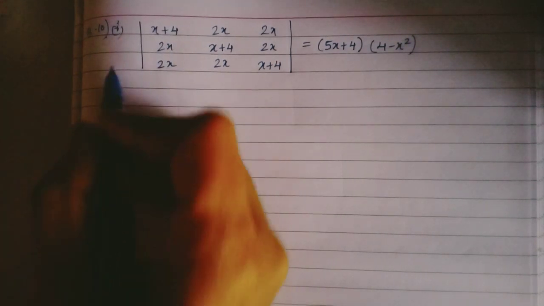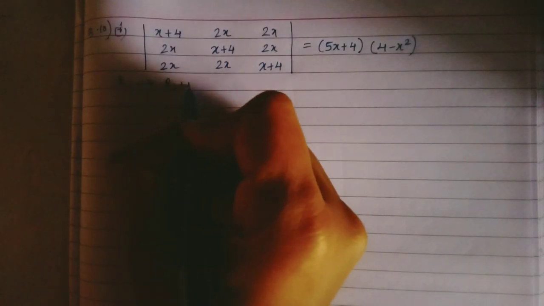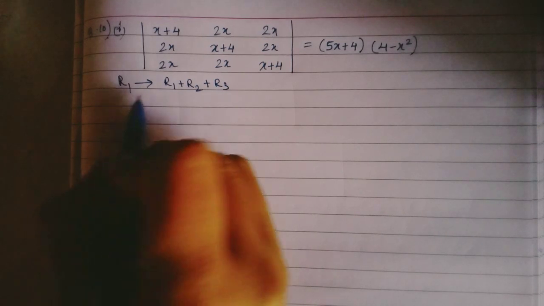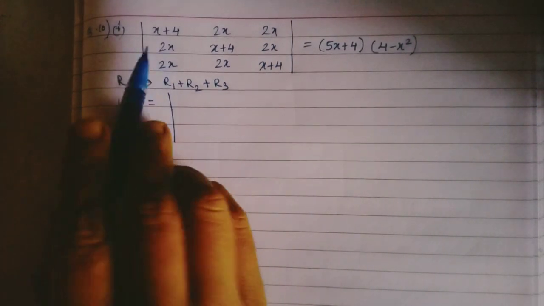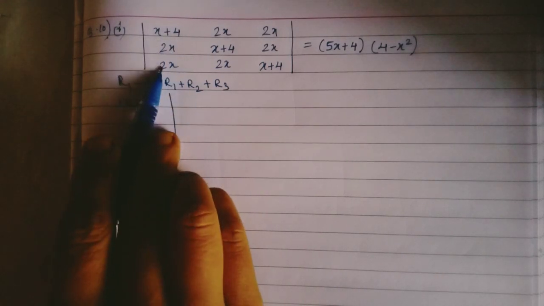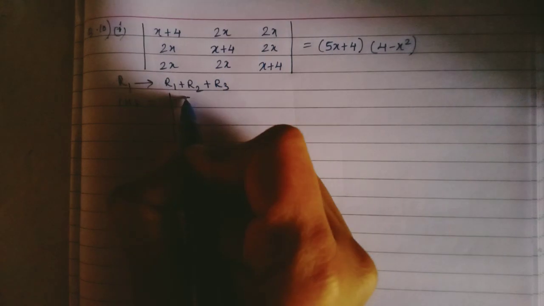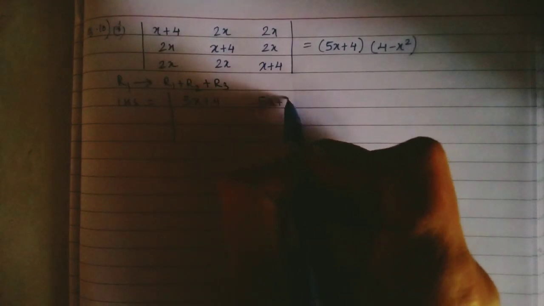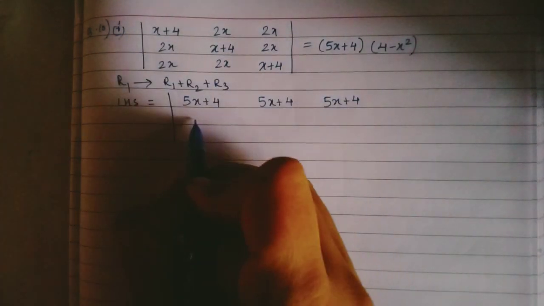So adding all three rows, okay, R1 changing to R1 plus R2 plus R3, you will get here x plus 4 plus 2x plus 2x, that is 5x plus 4. You will get the same thing in this second column also and third column also.